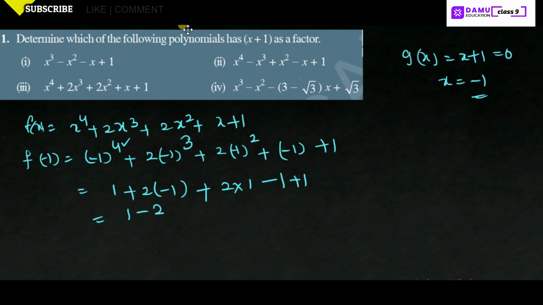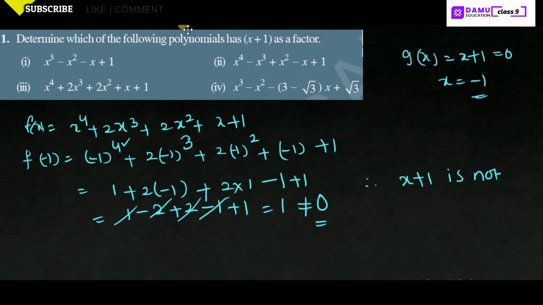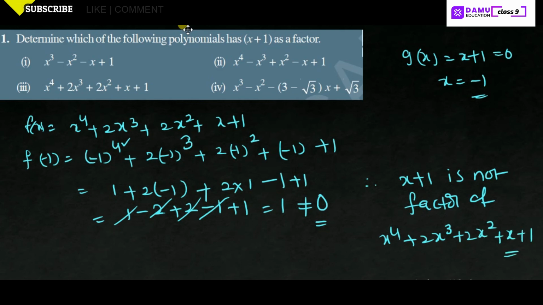So 1 minus 2 plus 2 minus 1 plus 1. Minus 2 plus 2 cancel, plus 1 minus 1 cancel, and we get 1, which is not equal to 0. So x plus 1 is not a factor of x power 4 plus 2x cube plus 2x square plus x plus 1.